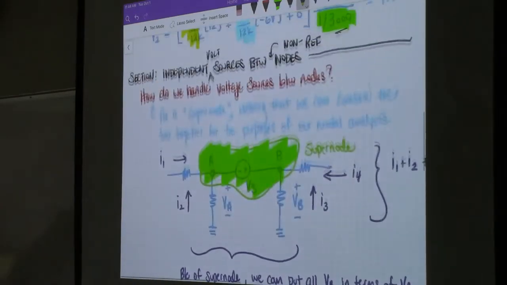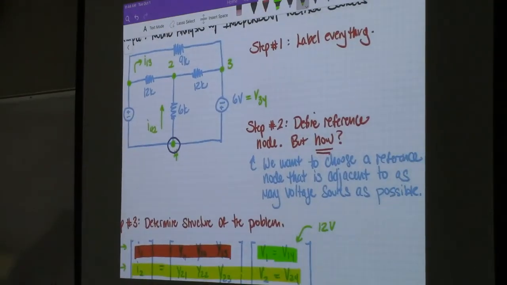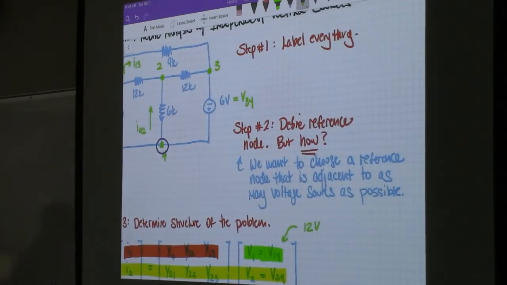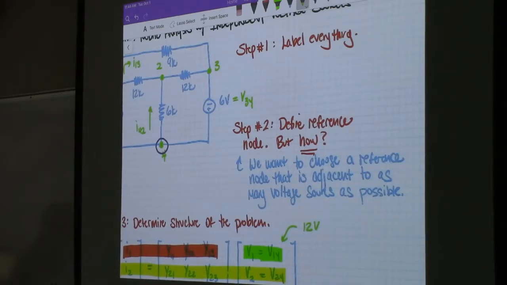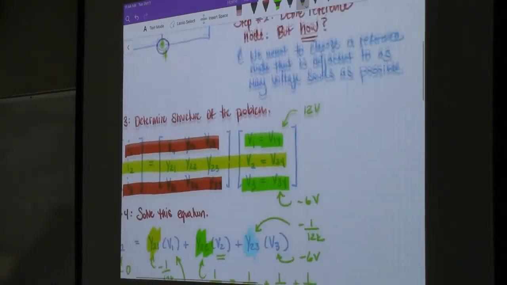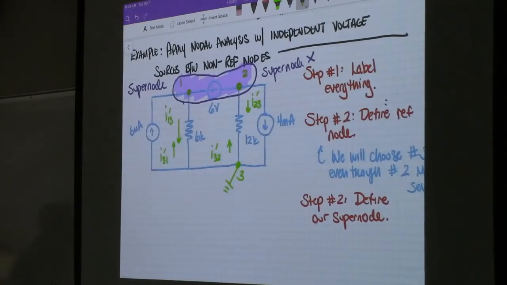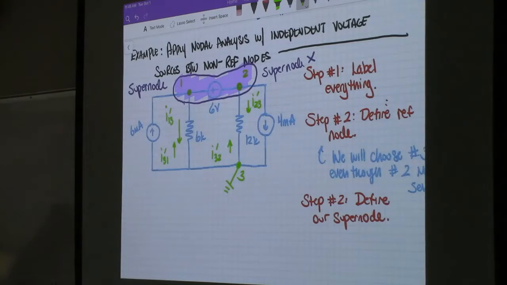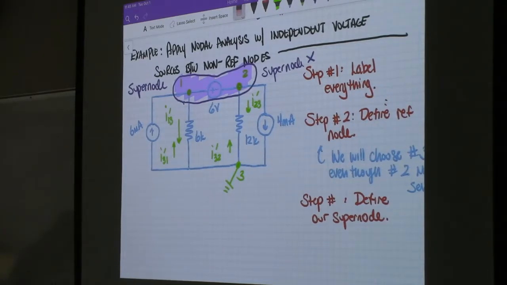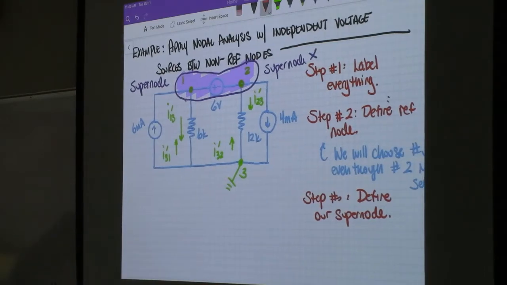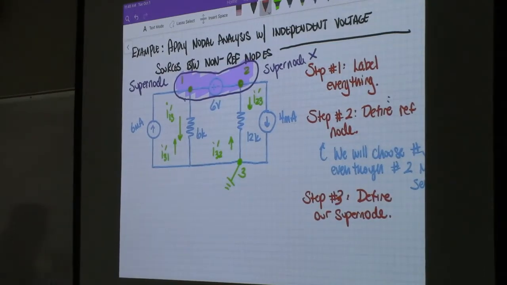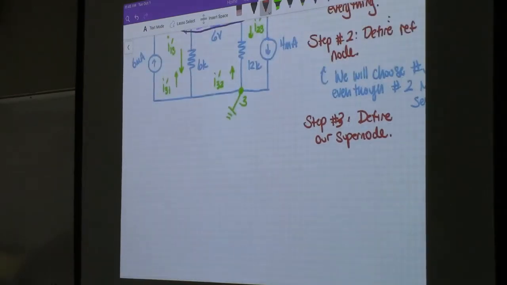Bingo. Like we said above, it makes sense to choose the reference node such that it's adjacent, because then we'll be turning it into the easier type of problem. We could do that here. We're not going to do it because that's not the way they want us to do it. But if I were doing this on a quiz or an exam, that would potentially be an easier way to do it. Okay, then now this becomes step number 3, which is to define our supernode, which is in the purple. Okay.